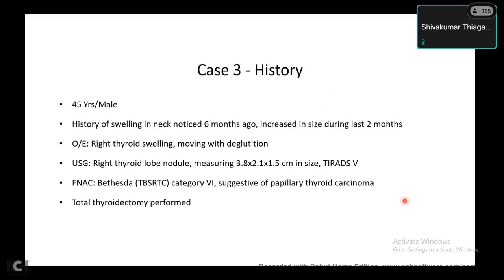There's a good amount of evidence towards that. So we don't have to operate all thyroid malignancies, especially if it is less than 1 centimeter, no nodes, no distant metastasis, no other features, like these are incidentally picked up. So just to introduce the students to the fact that certain thyroid nodules less than 1 centimeter, if found to be malignant, can be observed in a select group of patients.